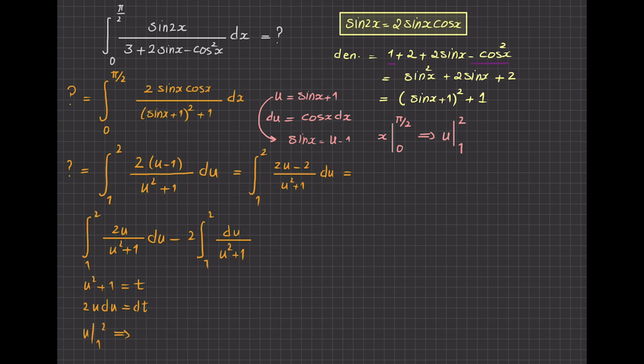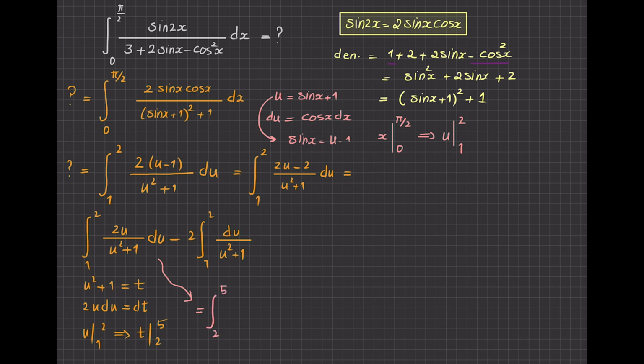And u goes from 1 to 2. This would then imply that my new variable t goes from 2 to 5, yes? Because when u is 1, I put it here, then t is 2. When u is 2, t is 5. So this integral becomes the integral from 2 to 5.